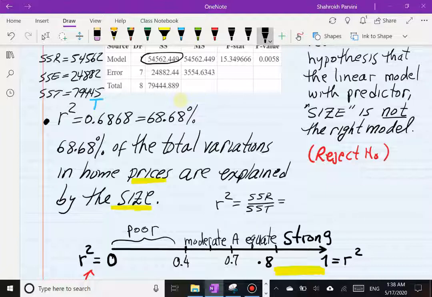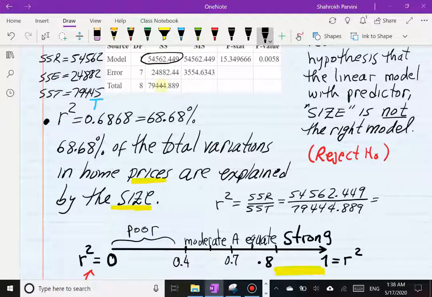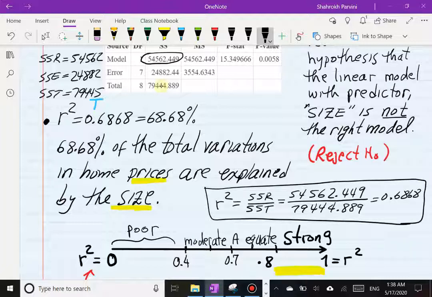So if you divide 54562.449, looking at the ANOVA table where I have it circled, by 79,444.889, you're going to get 0.6868. That's how that is calculated.